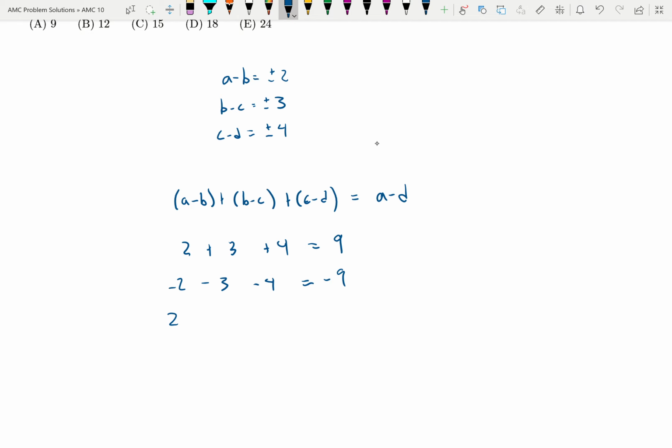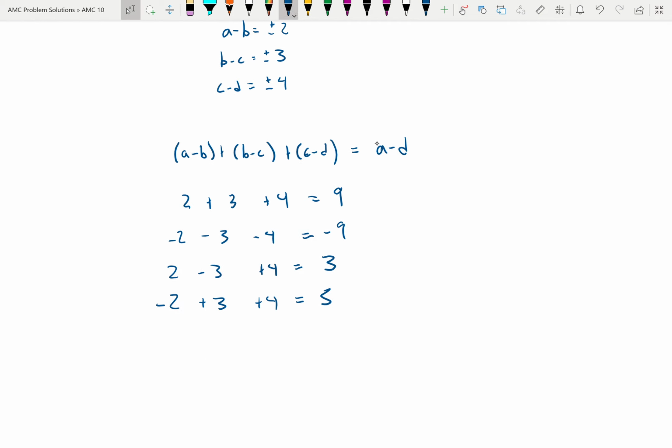We could have 2 minus 3 plus 4, which will give us, actually, no, this would give us 3. And we could have negative 2 plus 3 plus 4, which would give us 5.